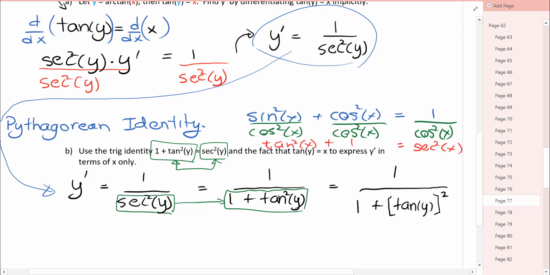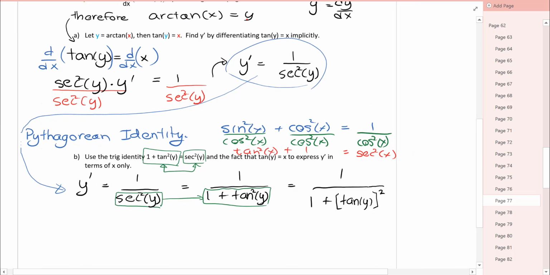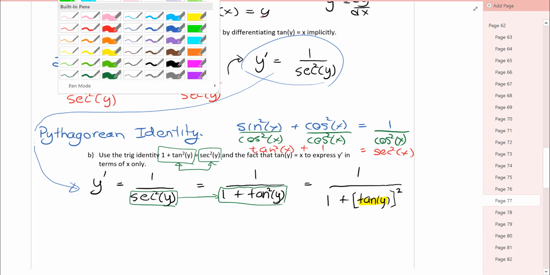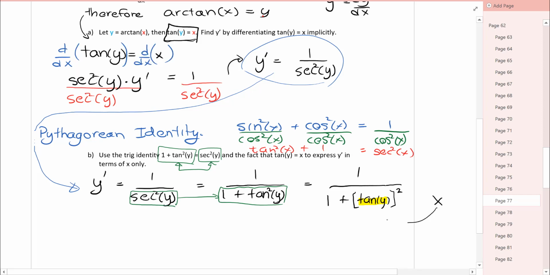And our object here is to get it back into terms of x. But look what we started with. We started with tan y equals x. So I can just replace tan y with x. So y prime equals 1 over 1 plus x squared.